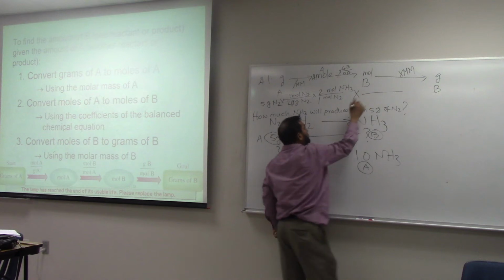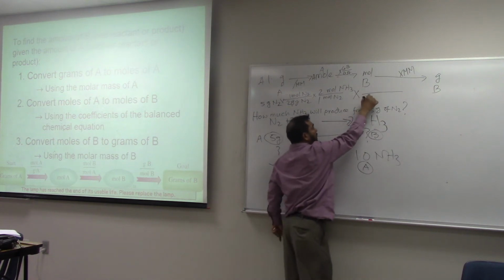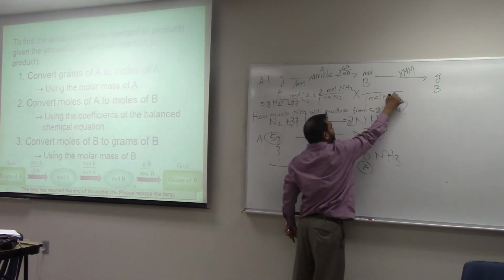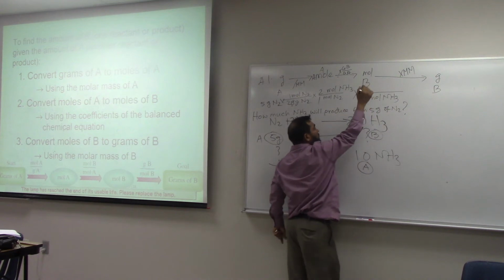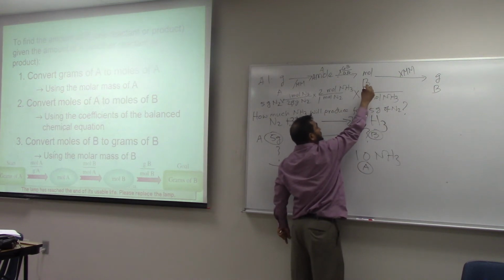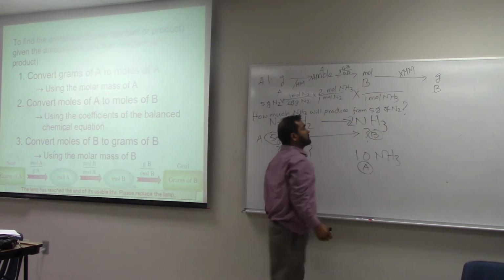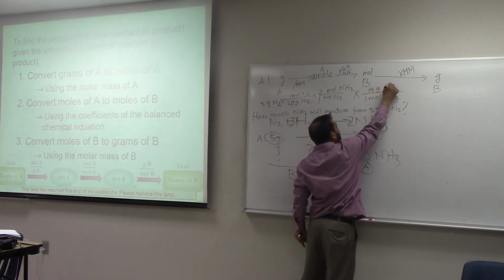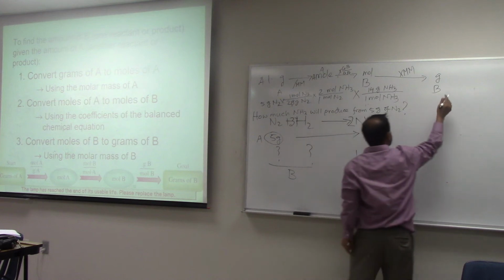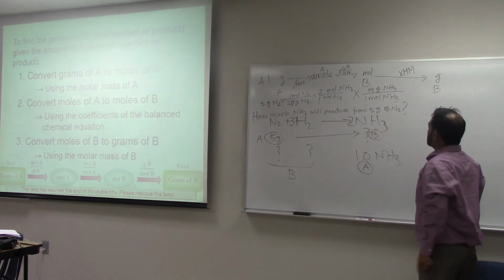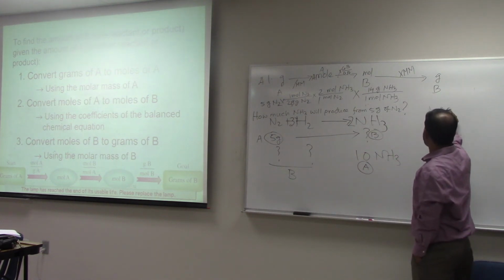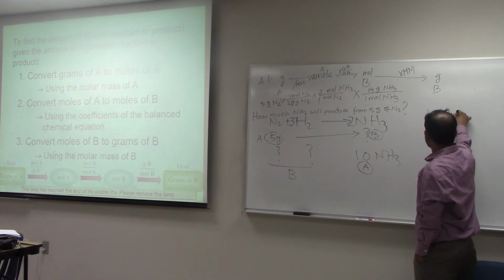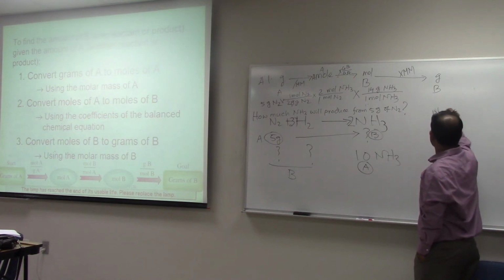So you're writing 1 mole of ammonia in the bottom, and the top would be the molar mass of ammonia. So you always calculate molar mass of ammonia.